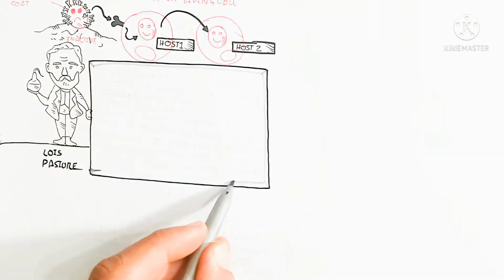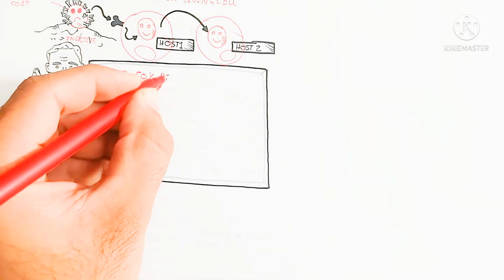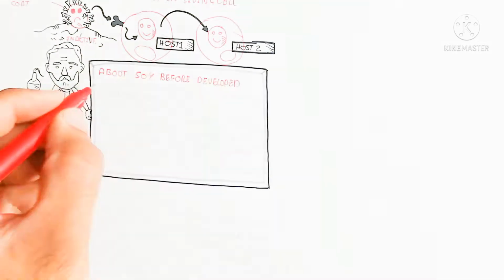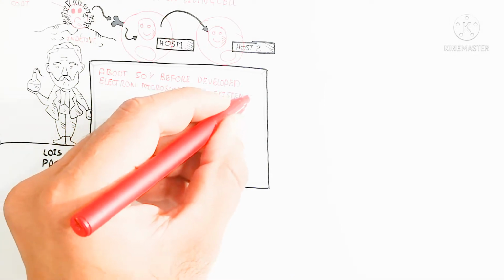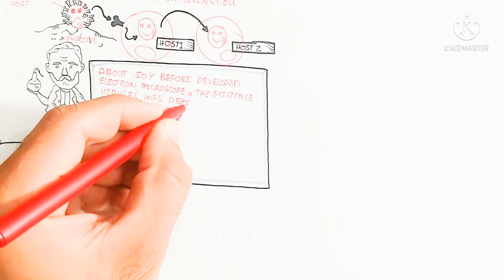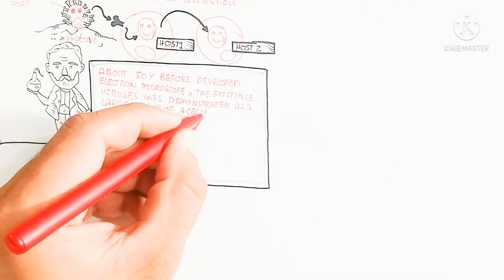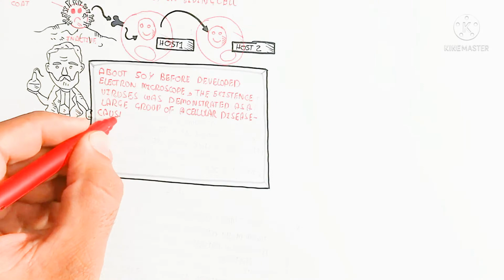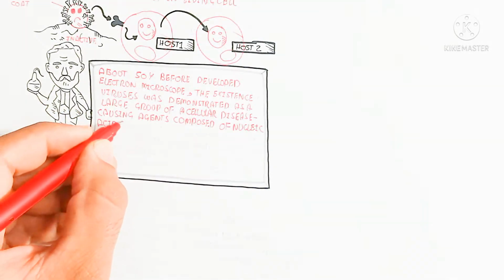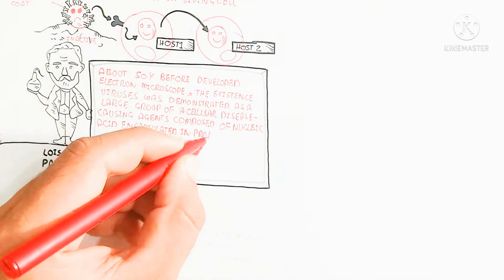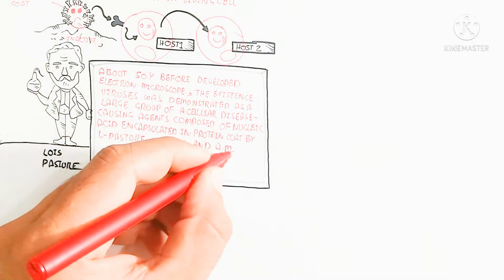The existence of viruses was demonstrated as a large group of acellular disease-causing agents composed of nucleic acid, DNA or RNA, the genetic material, encapsulated in a protein coat, by Louis Pasteur in 1884, and by Mayer in 1886 during his study of mosaic disease of the tobacco plant. So it is also recognized.